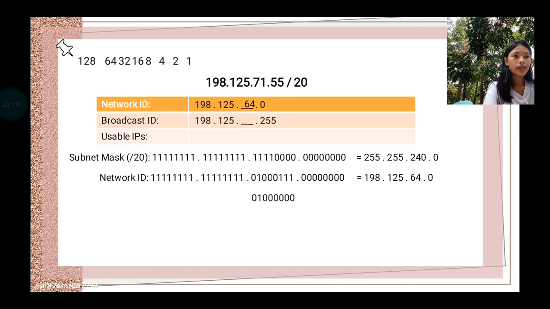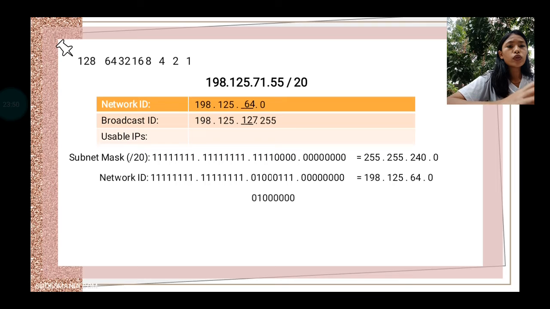So 64 plus 64 minus 1 would be 127. Now we already have our network ID 198.125.64.0 and our broadcast ID 198.125.127.255.